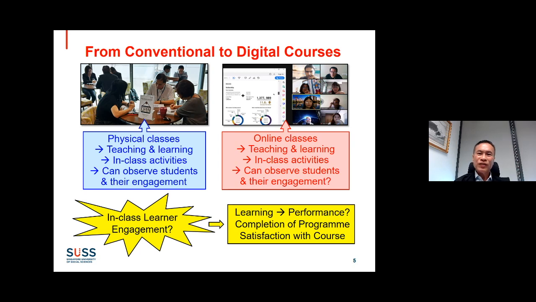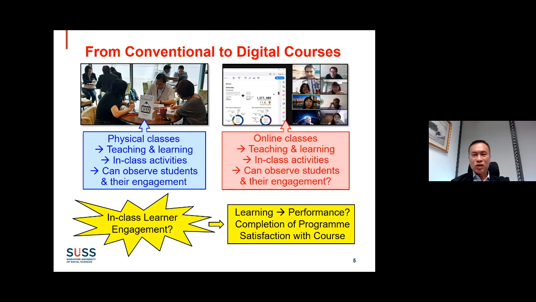So when you look at the differences between physical classes and online classes, we have this perception that when we have online learning and digital courses, we cannot really observe and assess engagement, and much less maybe influence engagement so that we can deliver positive outcomes. Now this view and this perception is right, but it's not complete.